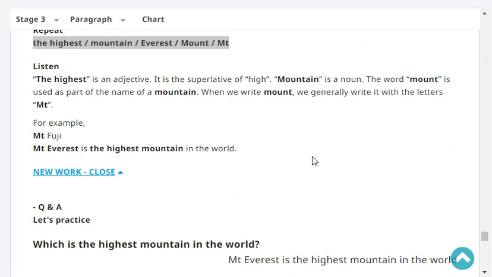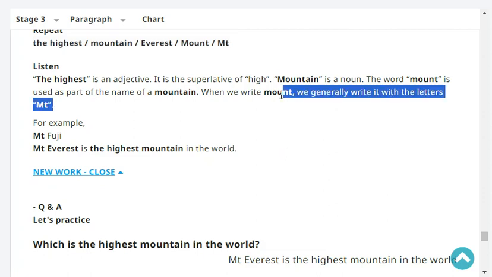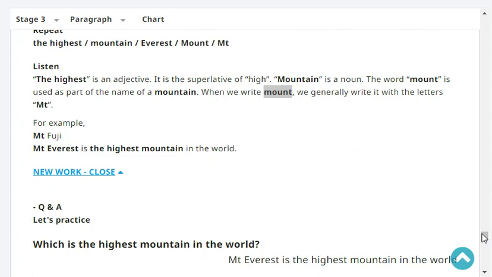The word mount is used as part of the name of a mountain. When we write the word mount like that, we write it Mt. For example, we say, oh, the very famous Mount Fuji. So we write it Mt. Fuji. Another example is Mount Everest is the highest mountain in the world.